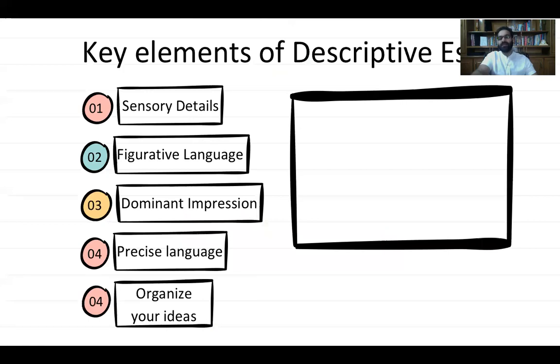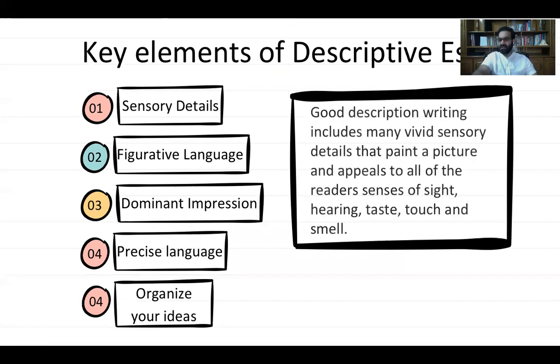Now again, the key elements of descriptive essays, what elements should be there in your descriptive essay. Number one, it should have sensory details. Good description or writing includes many vivid sensory details that paint a picture and appeal to all the reader's senses of sight, hearing, taste, touch, and smell. For example, you are talking to a blind person and you are showing him a great scene, a beautiful ambience.